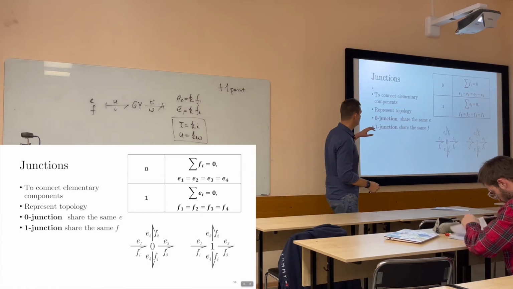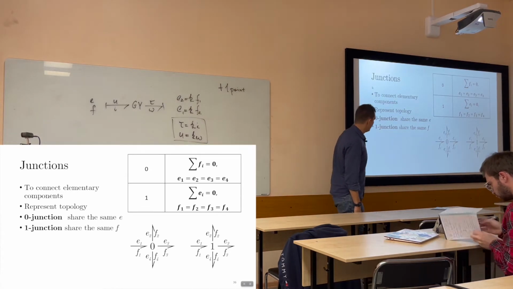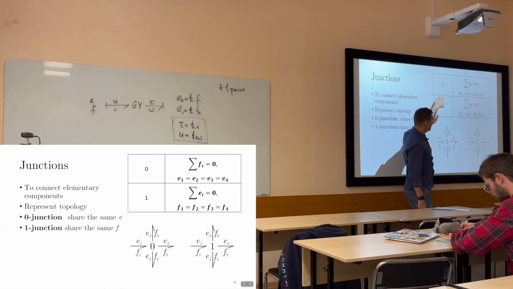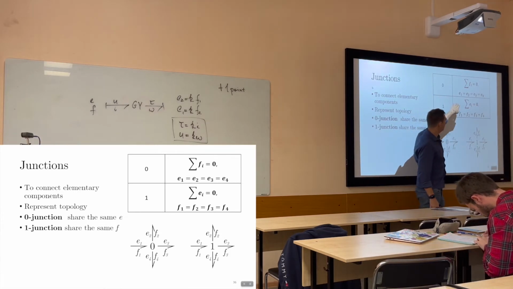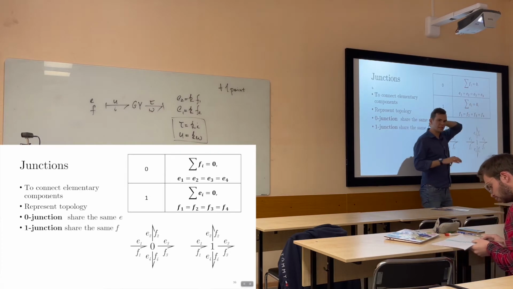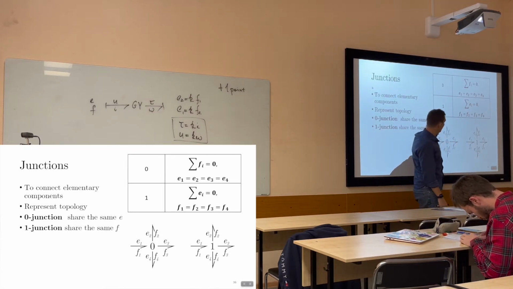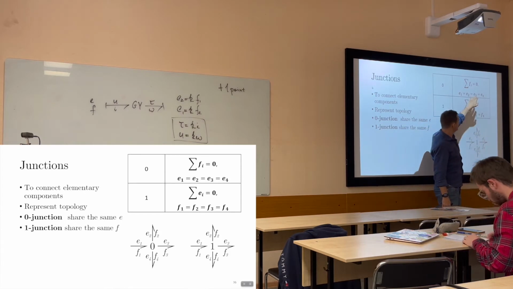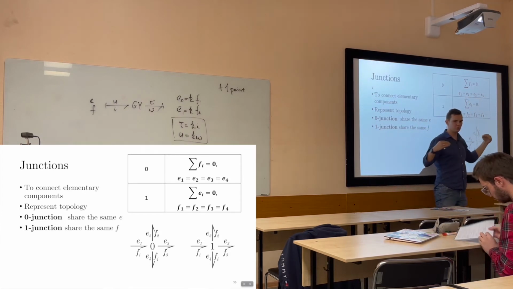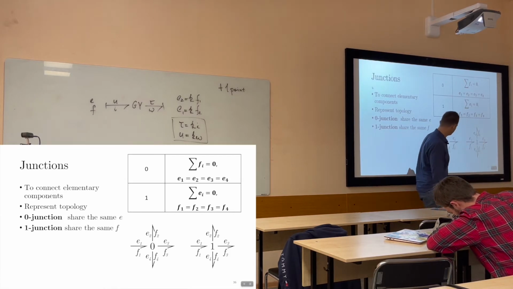You need to use this topology element. A zero junction is the one where you have the same effort, like the same voltage or the same force, and the sum of all velocities or all the currents equals 0.